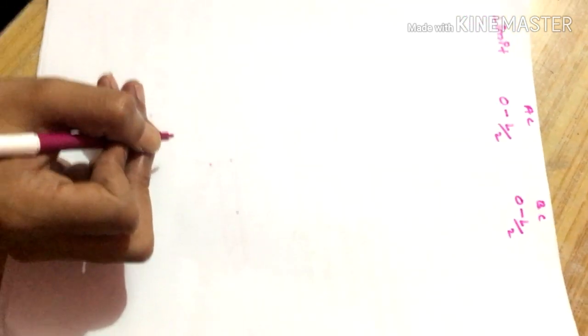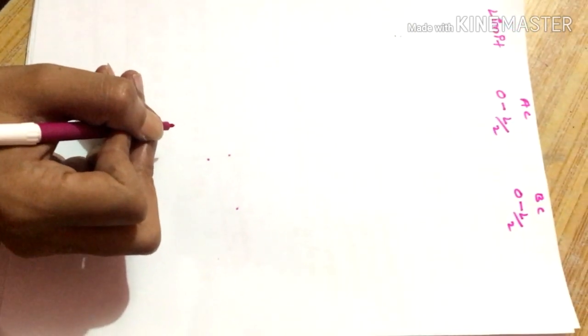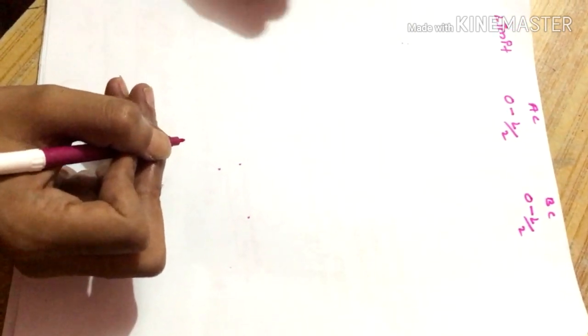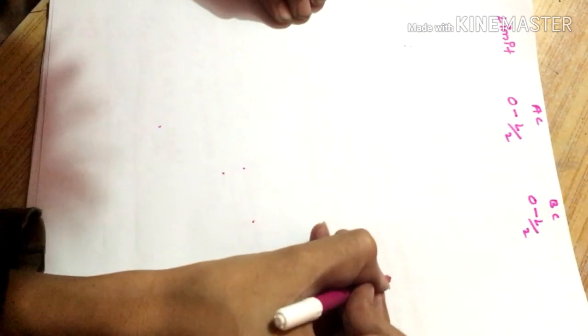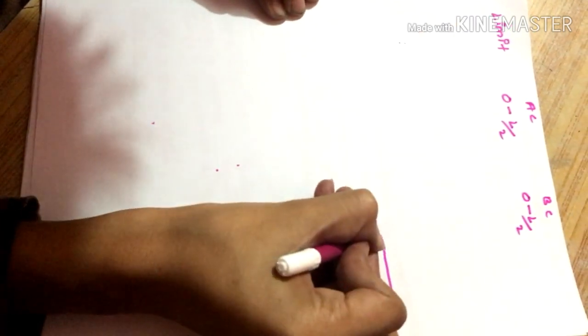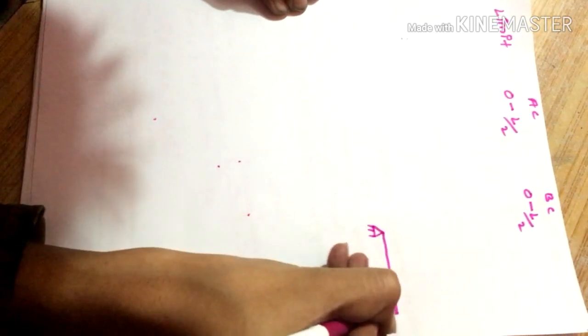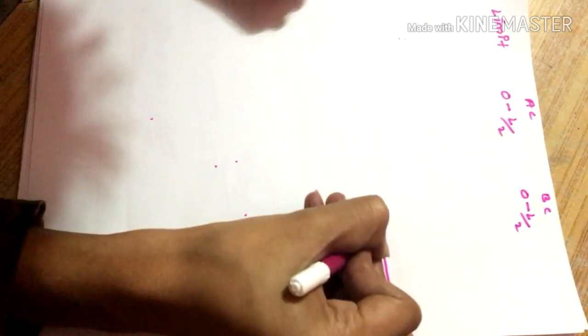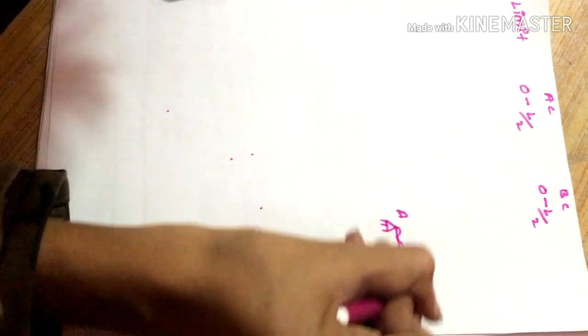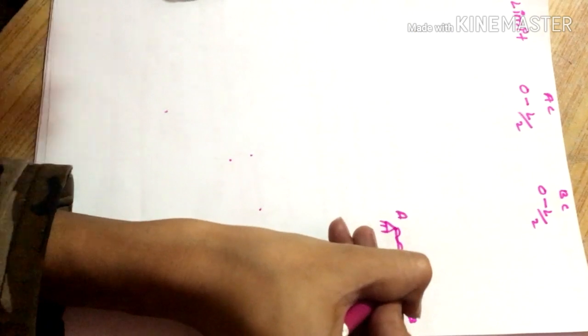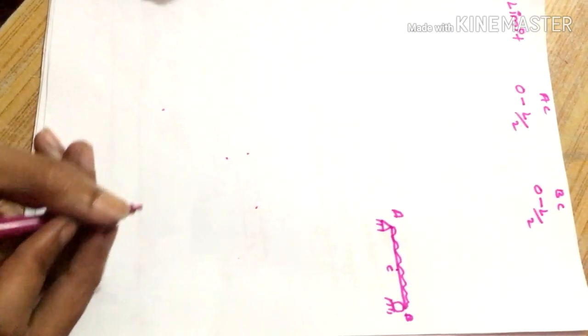Next, what we have to calculate is the bending moment. So let us redraw this figure. This is a simply supported beam with uniformly distributed load; A, B, and C is the middle point where we have to calculate the maximum deflection.